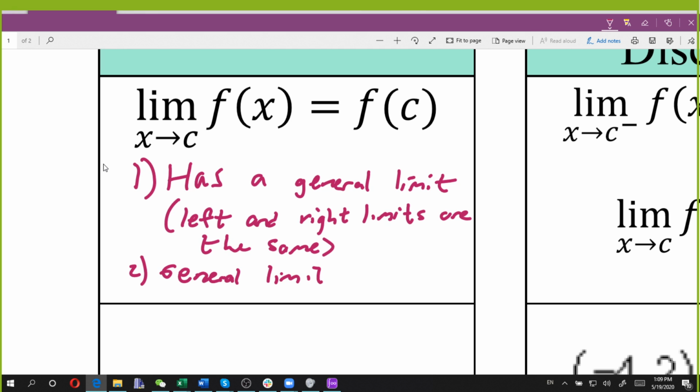And the general limit is the same y value as when you plug in the point.